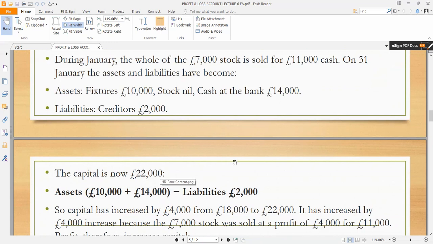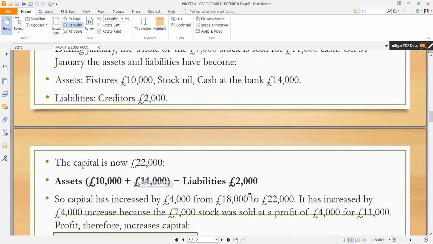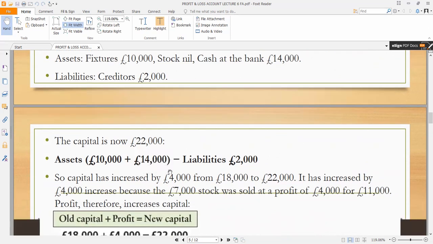Of course, you use the formula, and we're going to get assets of 10,000 pounds plus 14,000 pounds minus liability of 2,000 pounds. So the capital has increased, right? Of course, you are able to see that the capital has increased by 4,000, from 18,000 to 22,000.